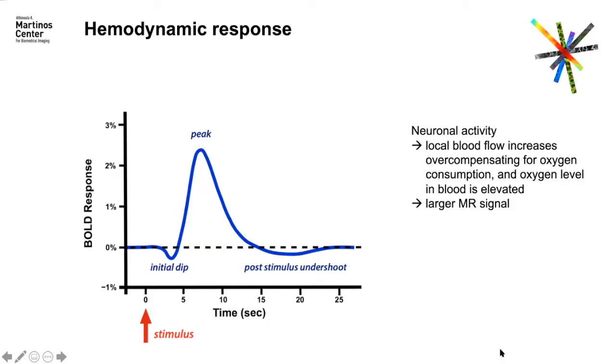So there is one prominent peak that happens around 7 seconds after the stimulus onset, and the peak is caused because there is more blood flow that brings more oxygenated hemoglobin to the area, and that the compensation is more than the consumption of oxygen. So that's why there is a peak.